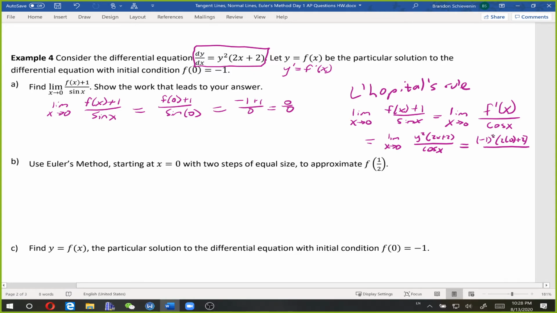What's the cosine at 0? Cosine of 0 should be positive 1. Positive 1, right. Okay, I did hear Kyle that time. So negative 1 squared is 1 times the 2 we had on top, over 1 is 2. So this limit is 2. Okay, any questions on my work?